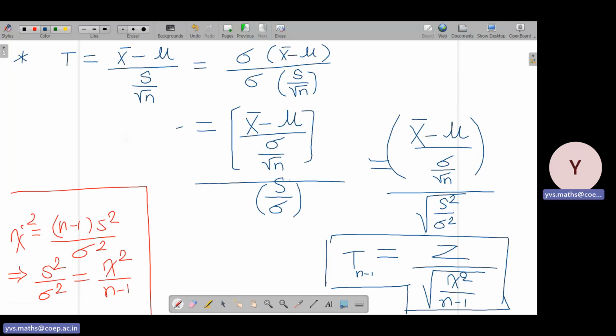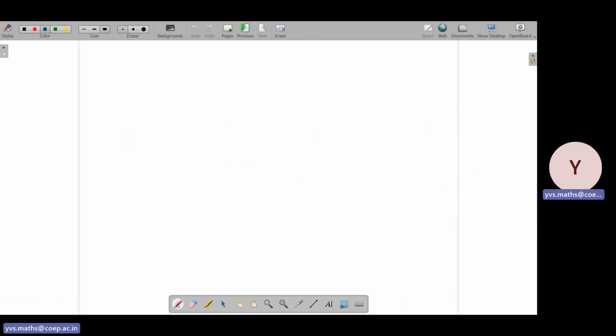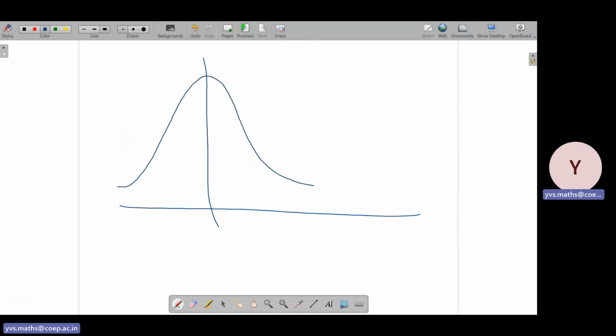Now with this important note, let's see how the t distribution looks. The probability density function is the characterization of each and every statistic. The PDF of t looks like a normal distribution. Both z and t are symmetric about mean 0, and both follow a bell-shaped curve.